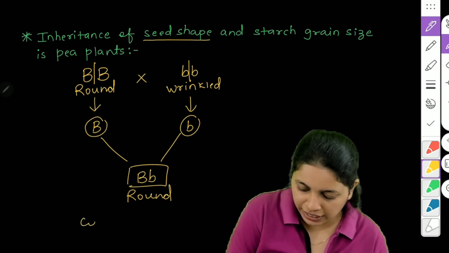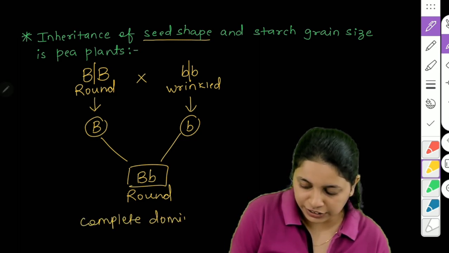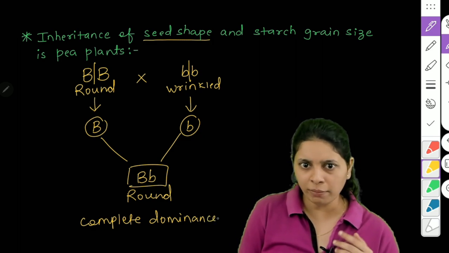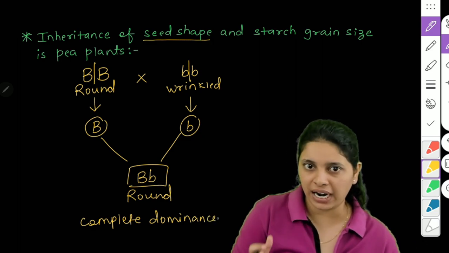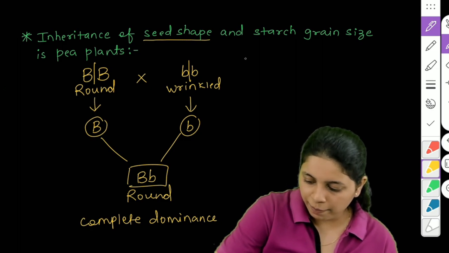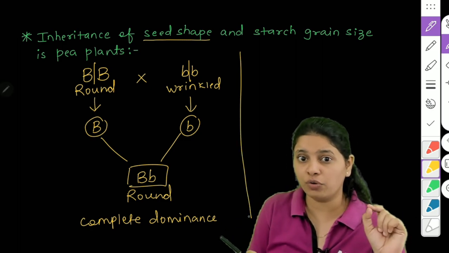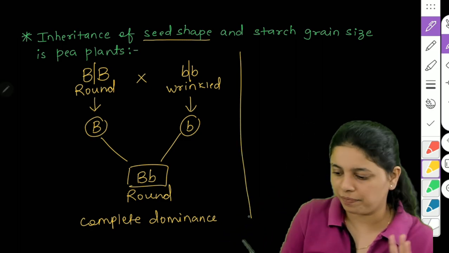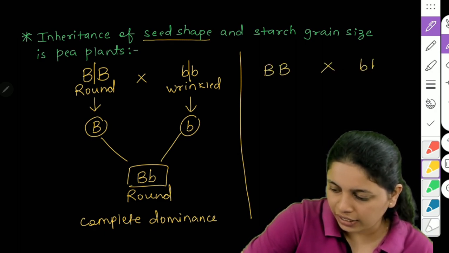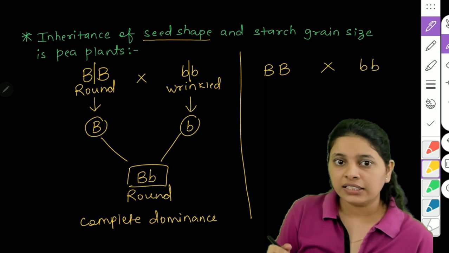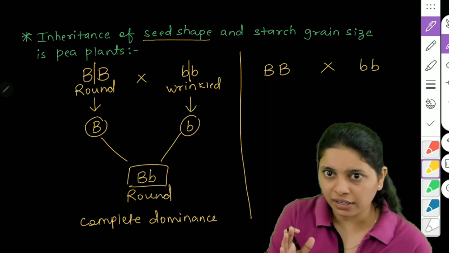So this explains complete dominance, as with the other characters we see in pea plants, like plant height. But now let's take the same gene, the same gene B, in the same plant, and make the cross.